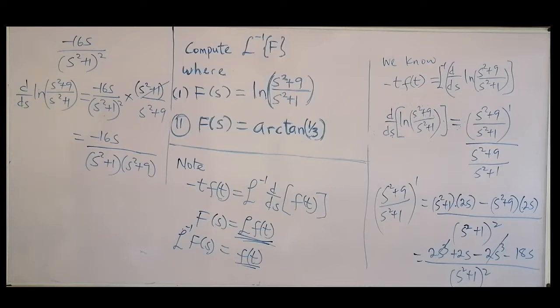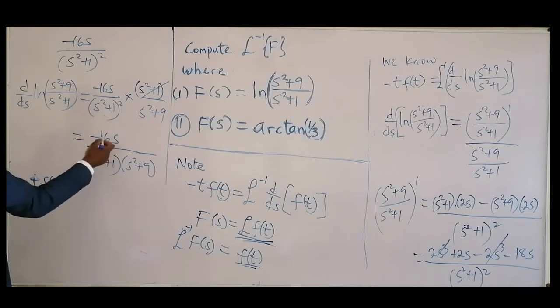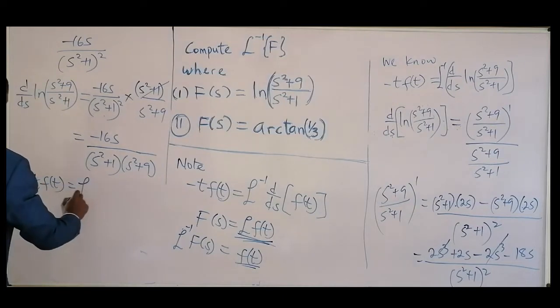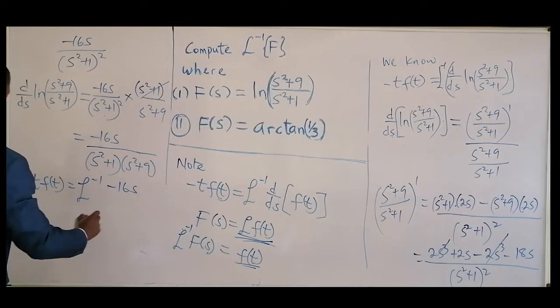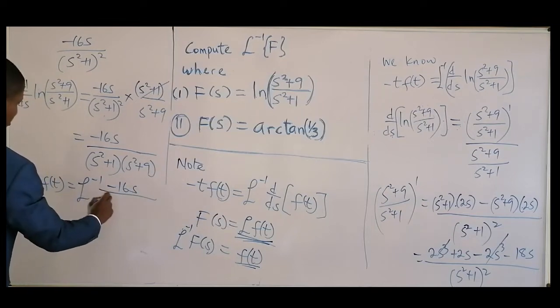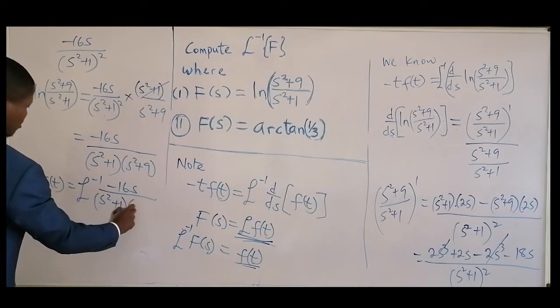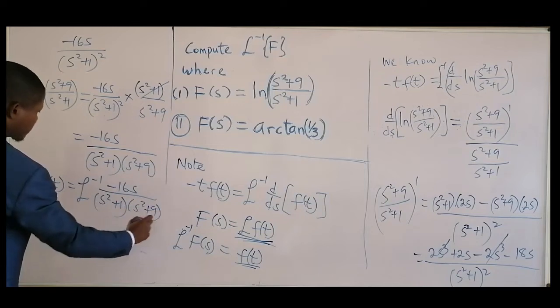The final thing to do now is go back to the formula: minus t f of t is equal to the inverse of minus 16s over (s squared plus 1)(s squared plus 9).